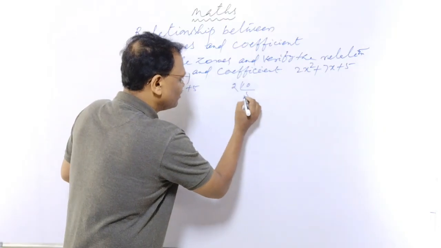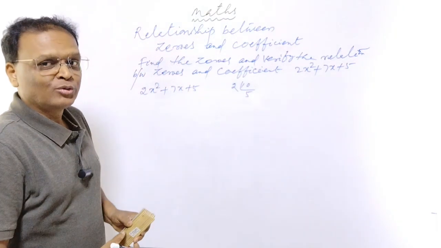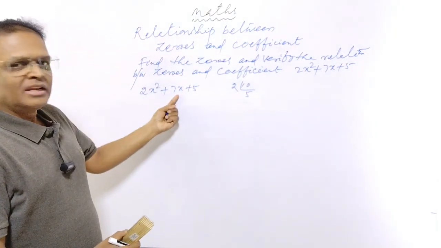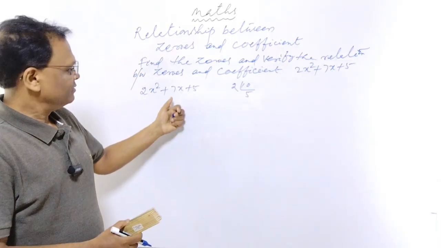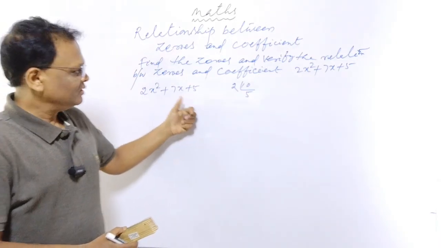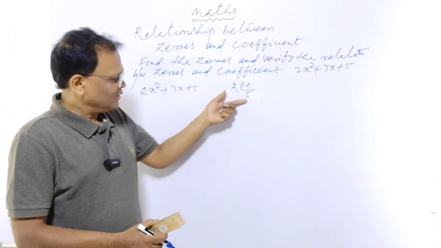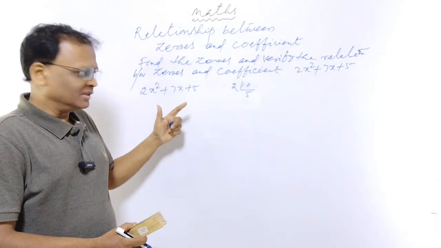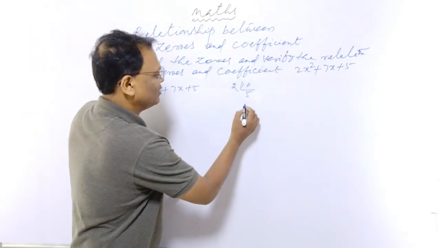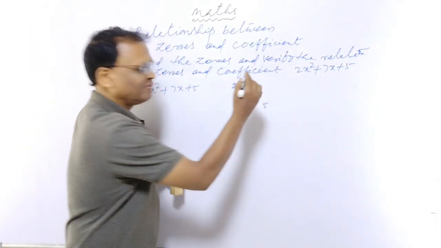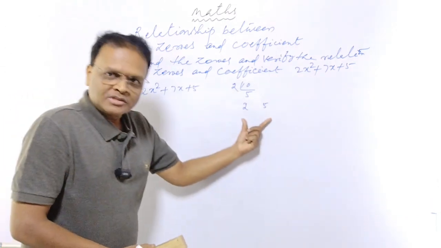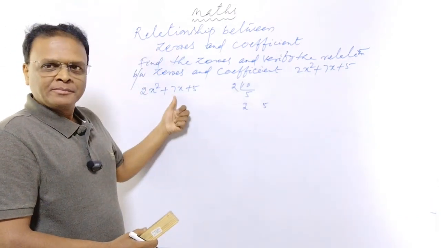This 10, if I try to find the factors, I am getting 2 and 5. Now this middle number I have to split. 2 plus 5, will it give me 7? Yes, of course. So these are the two numbers I am getting: 2 and 5. 2 plus 5 is 7.